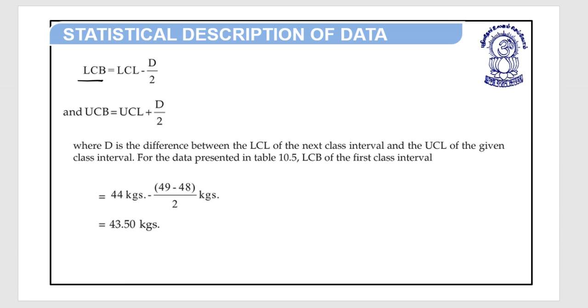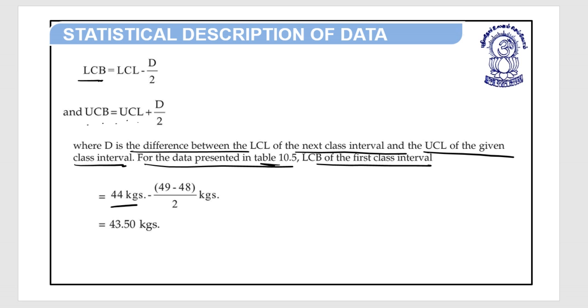LCB, lower class boundary, is equal to lower class limit minus d by 2. UCB is equal to UCL plus d by 2. D is the difference between the lower class limit of the next class interval and the UCL of the given class interval. For the data presented in the table, LCB of the first class interval is 44 minus (49 minus 48) divided by 2.